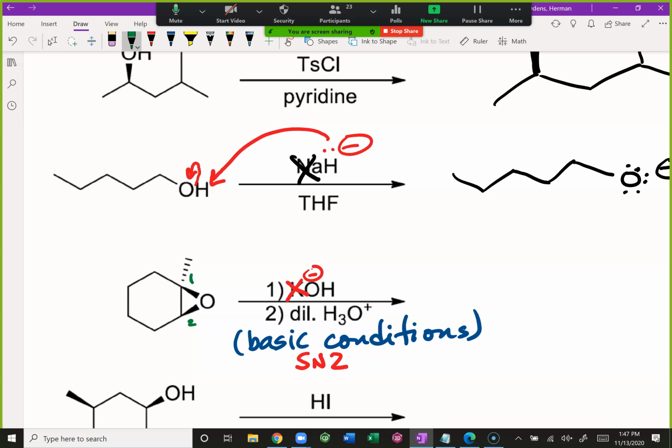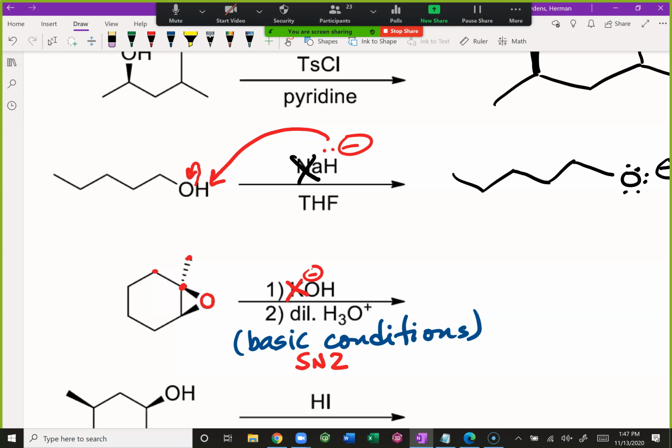Option number 2, the least substituted carbon. Why is it the least substituted carbon? Check this out. Let's dissect these carbons. This carbon in red has 1, 2, 3, and 4 substitutions.